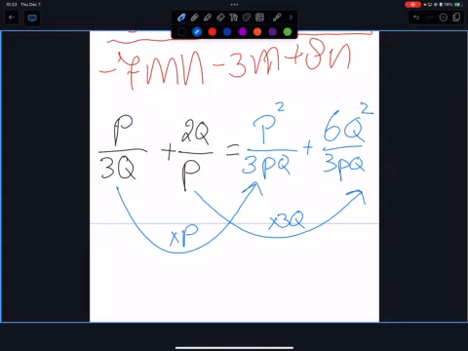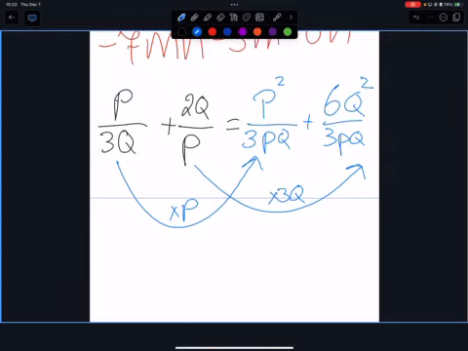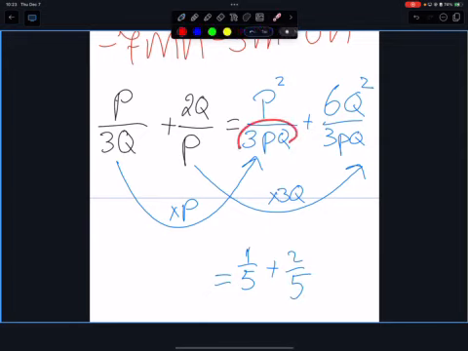The numbers, correct. Now you cannot leave it like this. You have to add them together. It's like saying 1/5 plus 2/5. You're not going to leave your answer like this. Yes, the denominators are the same. So what do you do? You add them together.